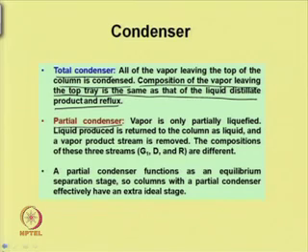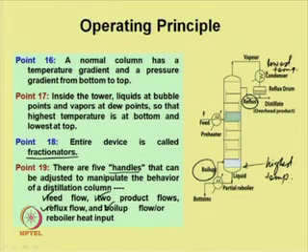So, if we look back at our column, if we use a total condenser, all the vapor is condensed here. So, the composition of the distillate which is coming out, the product cut which is taken, and the reflux which is fed back to the tower will be the same.